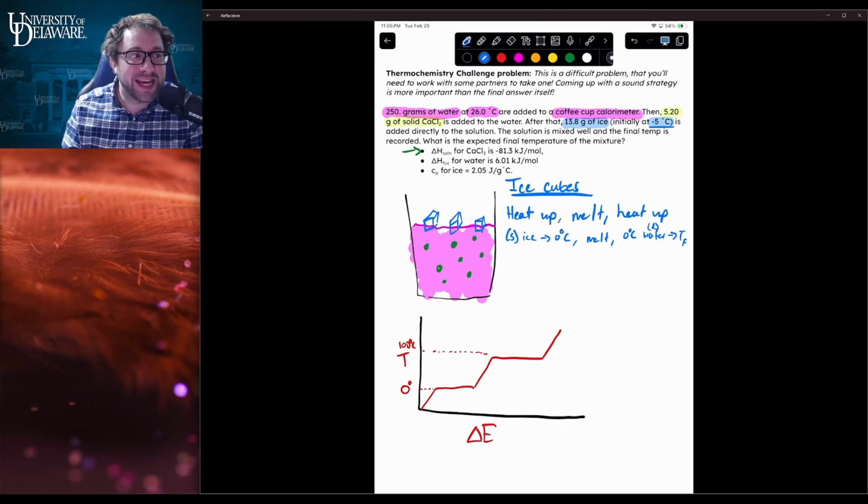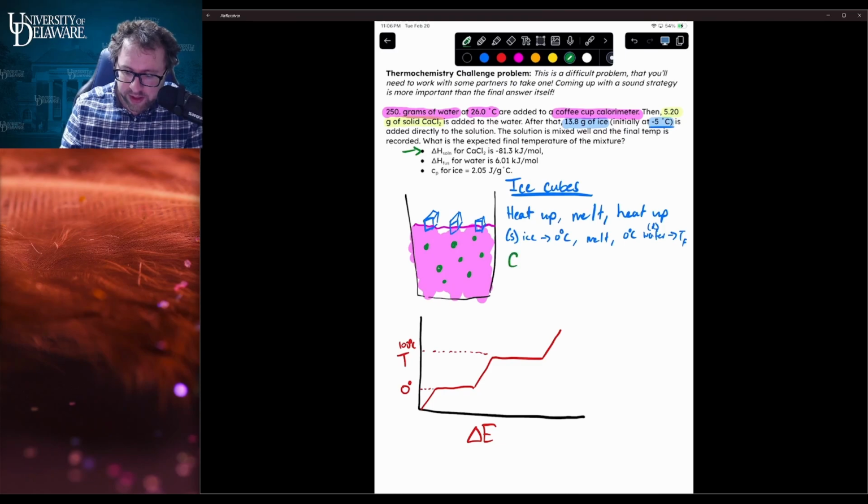So if that happens, if your T_F is not possible because you can't have liquid water at that temperature, you're going to have to spice things up a little bit. You're going to assume everything goes to the phase change temperature, and then you're going to find out how much water undergoes the next phase change. But right now we're just going to assume that we end in the liquid phase, and that's usually reasonable for these water examples. So let's keep going.